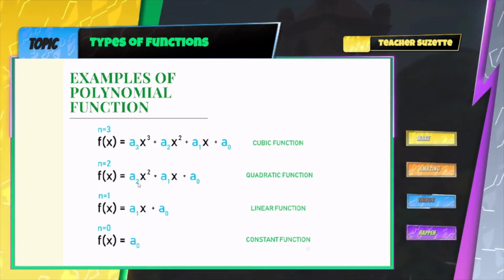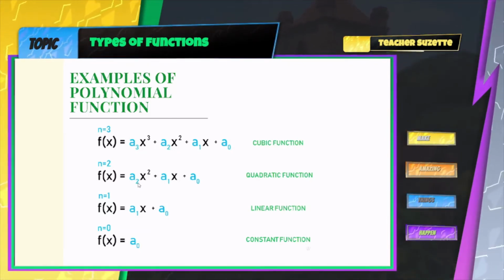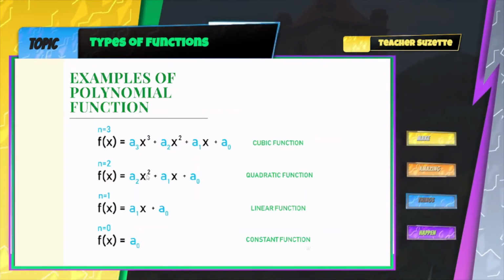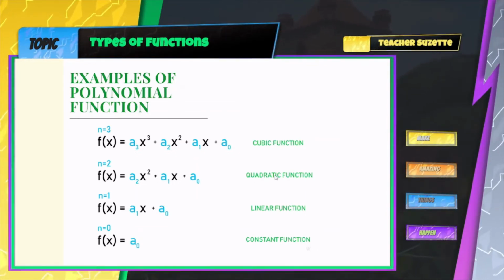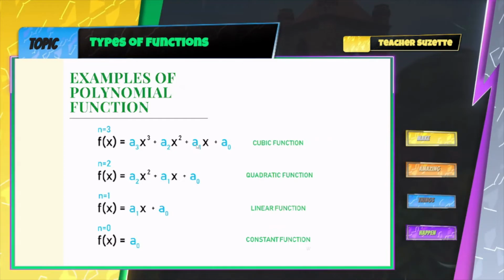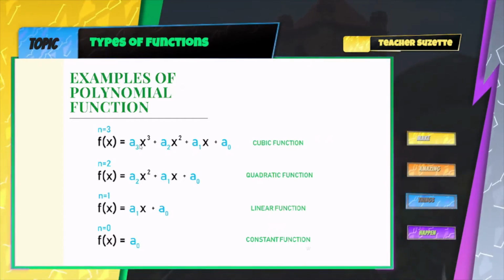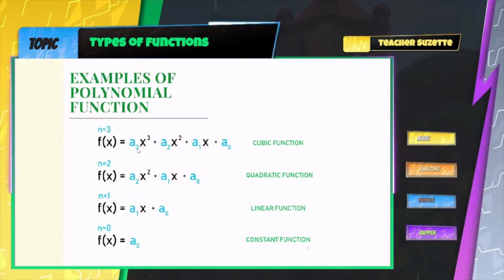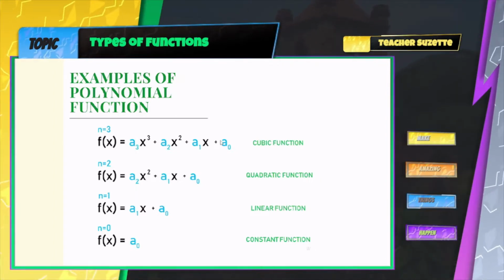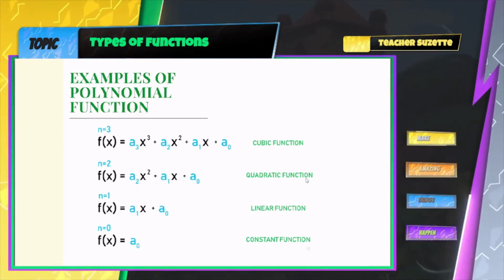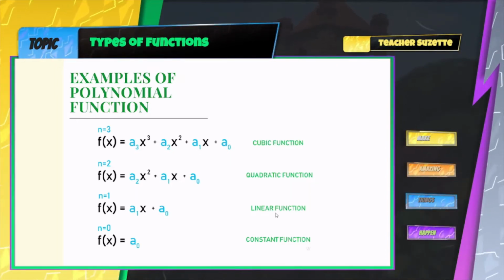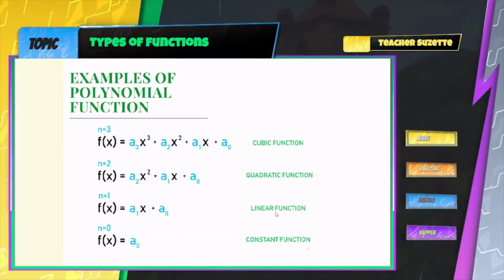When the highest degree of your terms is equal to 2, x squared, you will have a quadratic function. And when n is equal to 3, your highest degree is 3, you will have a cubic function. So, these are the different types of polynomial functions that you will encounter.